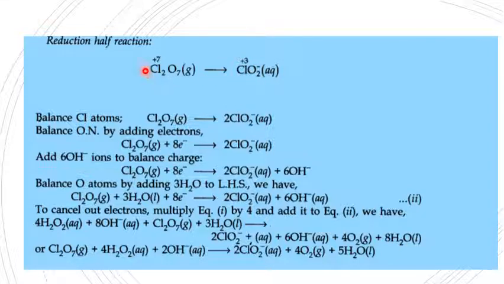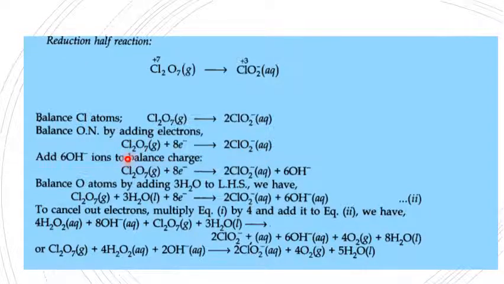Plus 7 to plus 3 is 4 units for one chlorine atom, and 8 for 2 chlorine atoms. So you will add 8 electrons on the reactant side. Cl2O7 gas plus 8 electrons gives you 2 ClO2 minus aqueous.